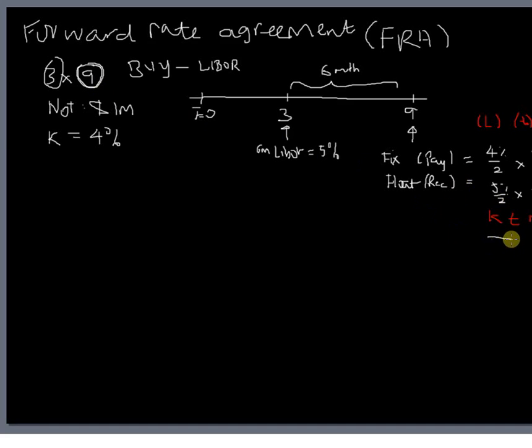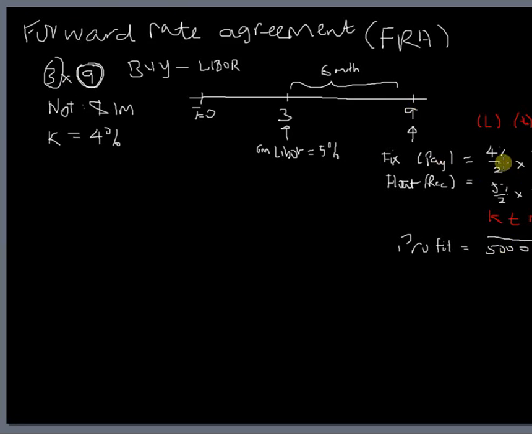So all in all, for this trade, we have made a profit of 5,000, because we are receiving this amount and paying this amount, and this amount is more than this amount, which will be paid as at T equal to 9 months.